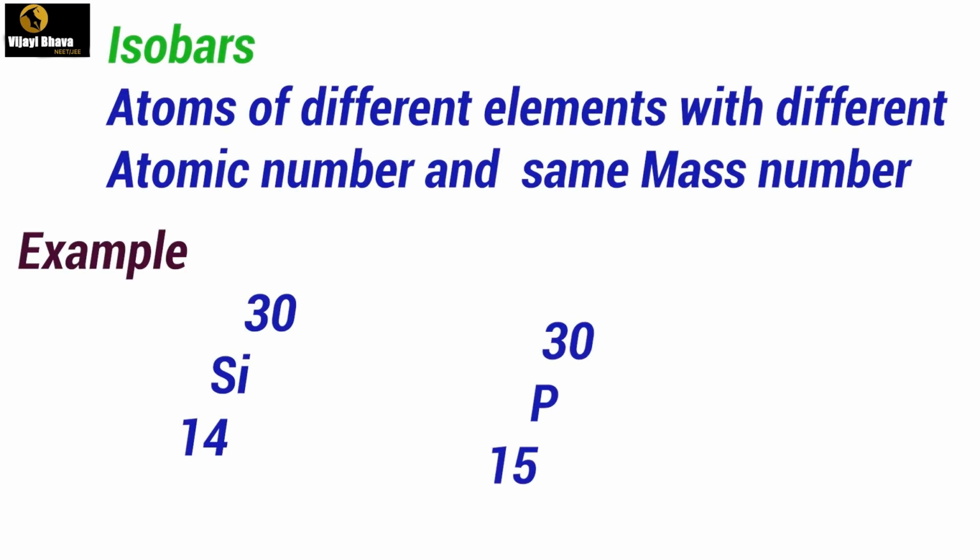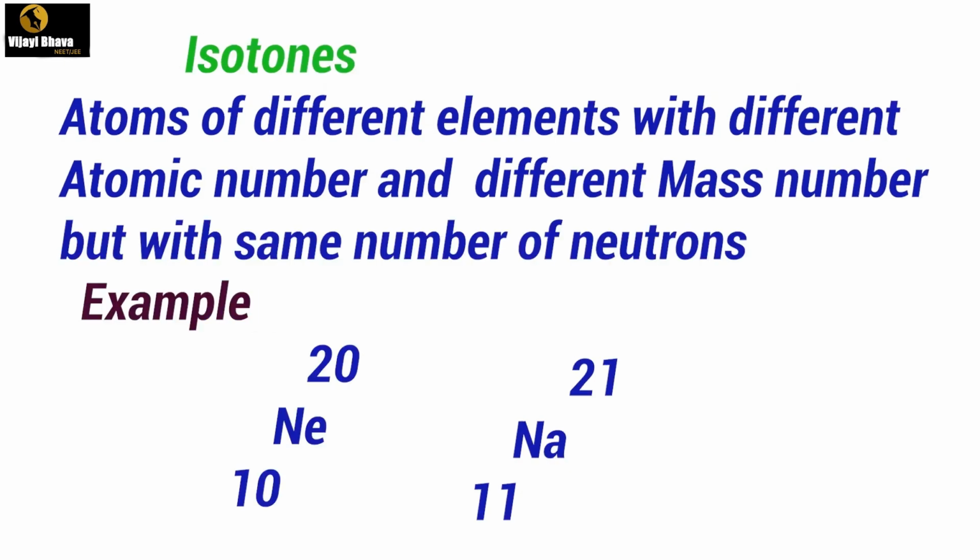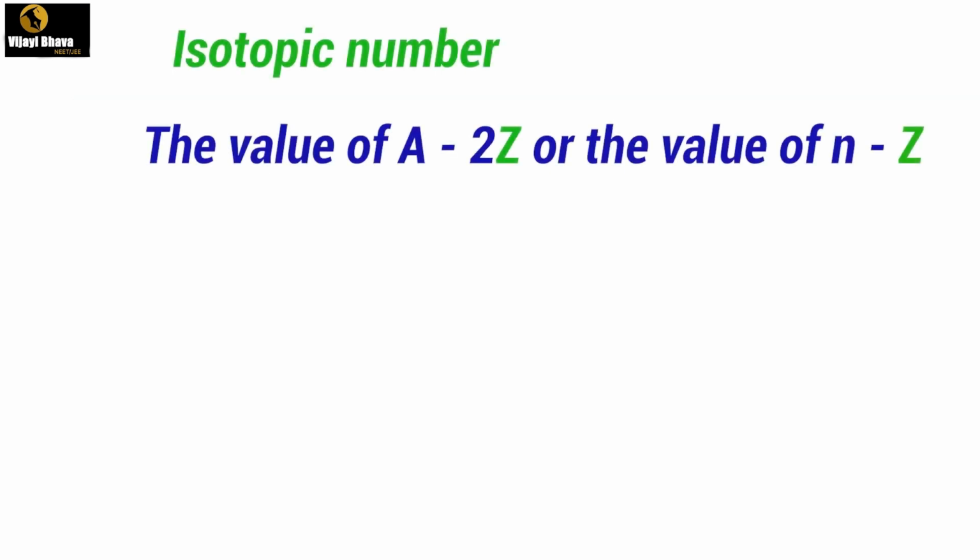Isobars: atoms of different elements with different atomic numbers but the same mass number are called isobars. Next, isotones: atoms of different elements with different atomic numbers and mass numbers but with the same number of neutrons are called isotones. Next, isotopic number. The value of A minus 2Z or the value of N minus Z is called isotopic number.